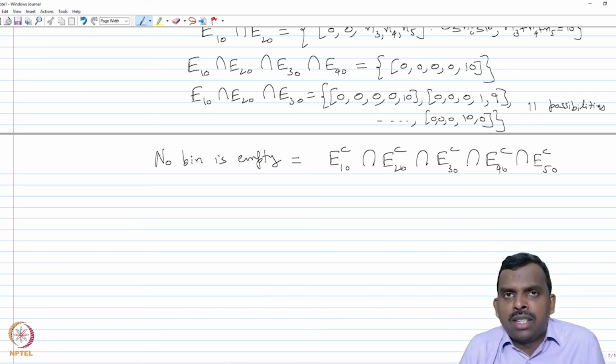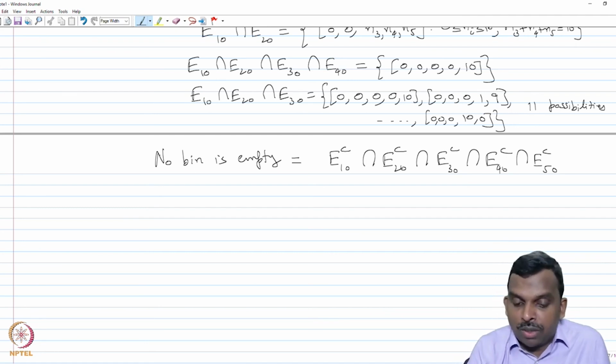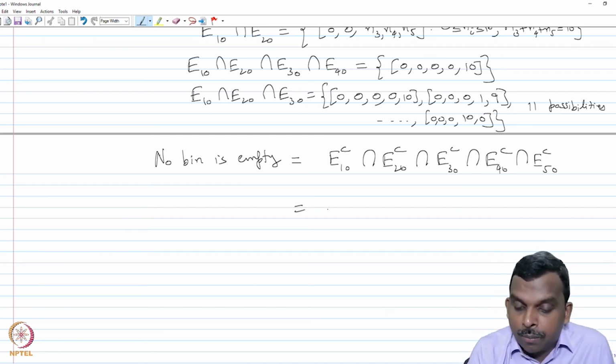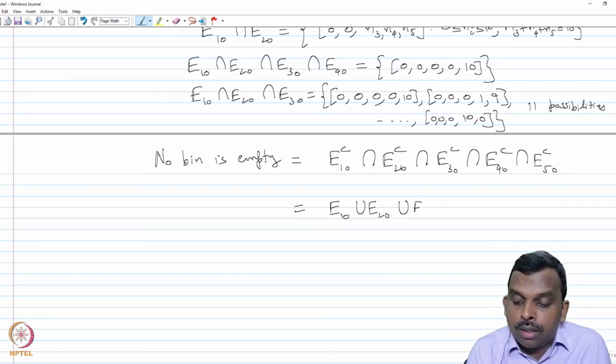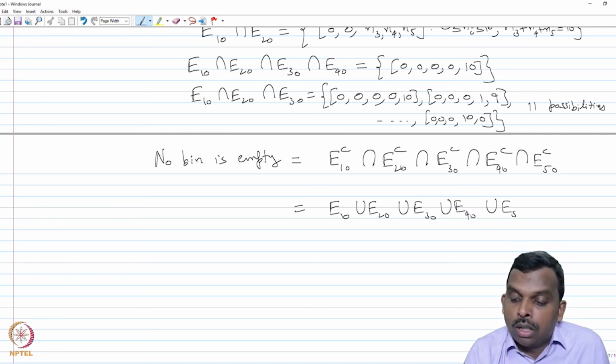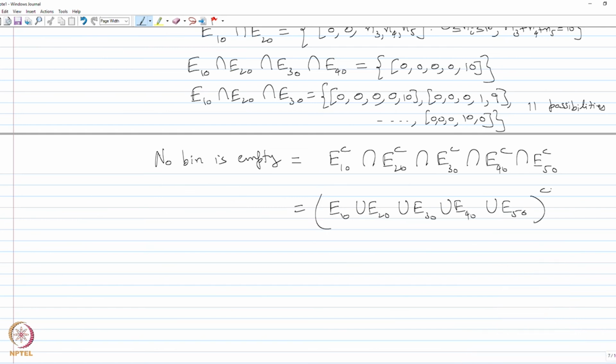In fact, you can use De Morgan's laws, and you can also write it as the whole complement of E10 union E20 union E30 union E40 union E50. We know these two are the same, and this also makes sense. What is the event inside this complement?